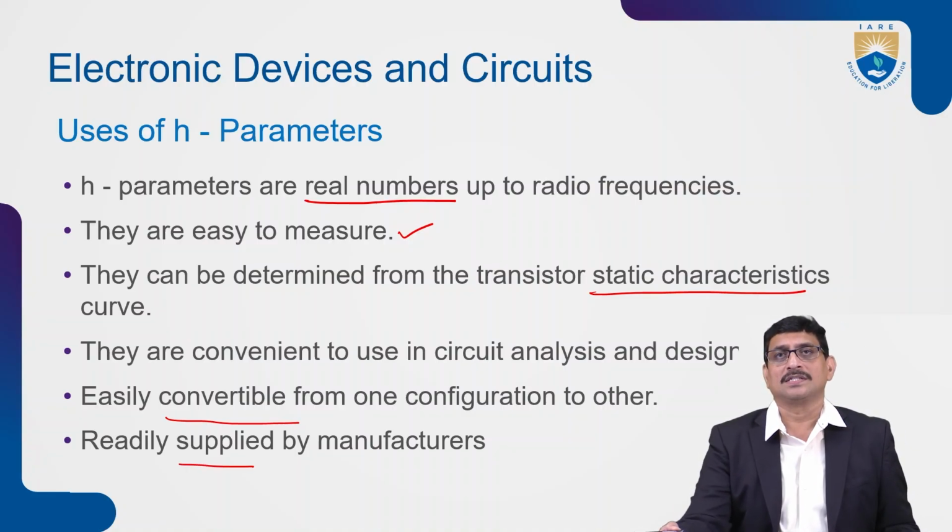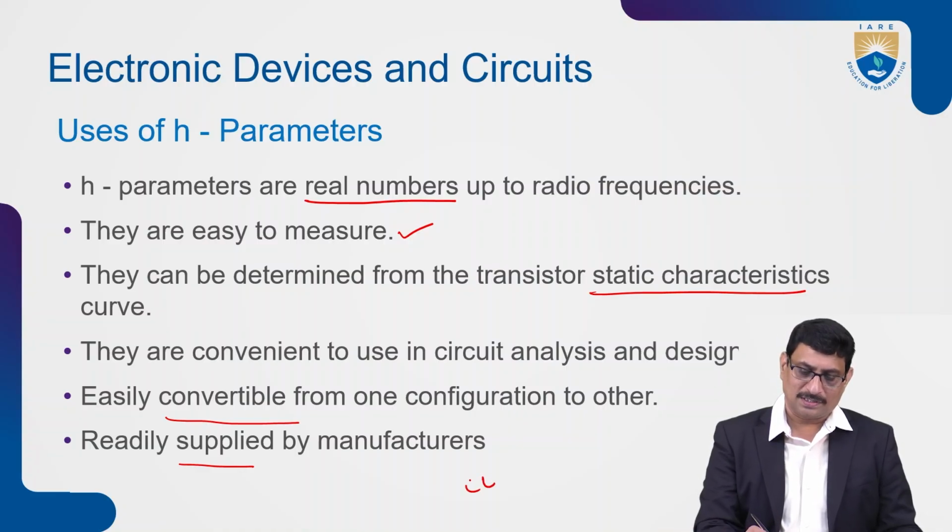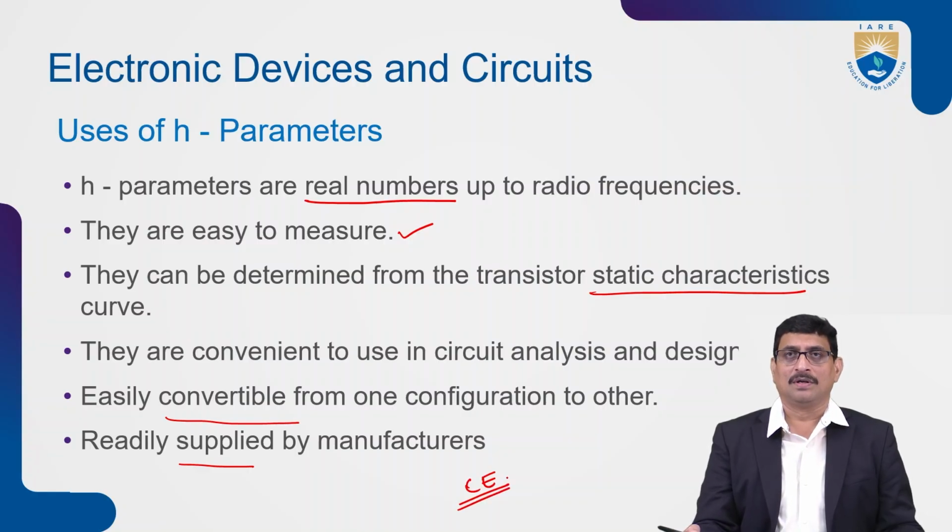If you go to the data sheets of the transistors, the H parameters of the CE configuration will be given by the manufacturers and are readily available. Once you know the H parameters of the common emitter configuration, you can easily convert them to other configurations. So these are certain uses or advantages of the H parameters.